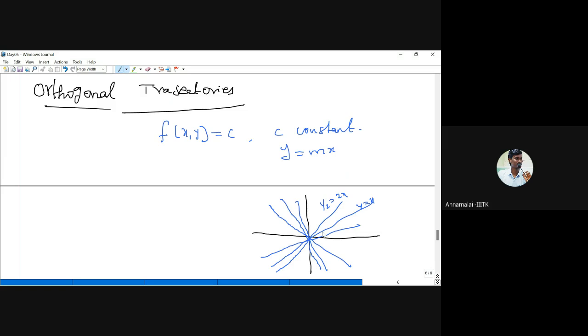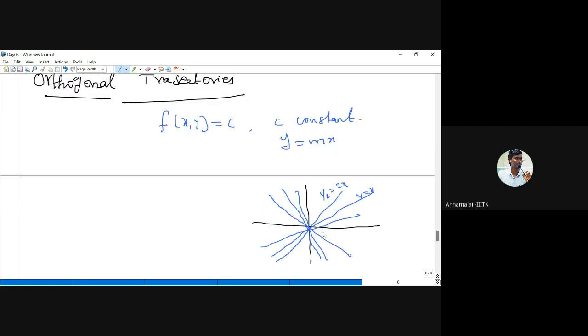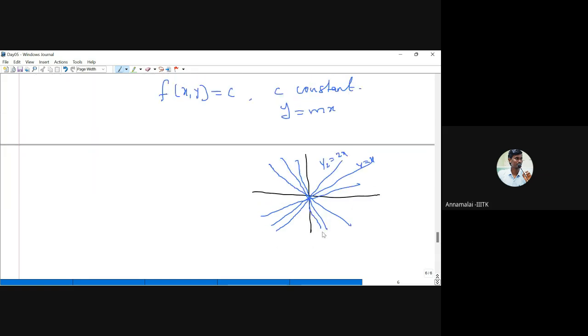So orthogonal means what? It makes a right angle to this one. Now how to find orthogonal trajectories for this family? Actually, we have to find a new function.